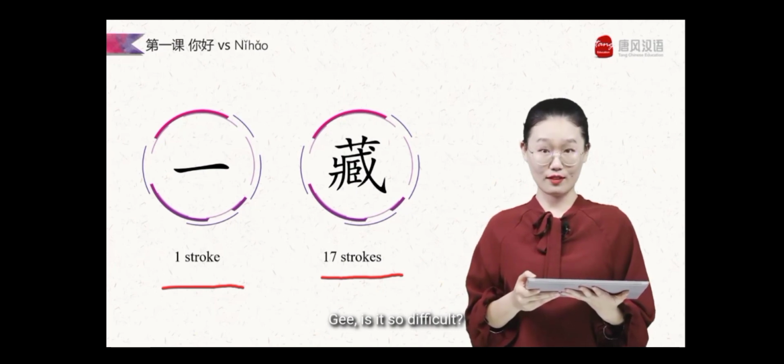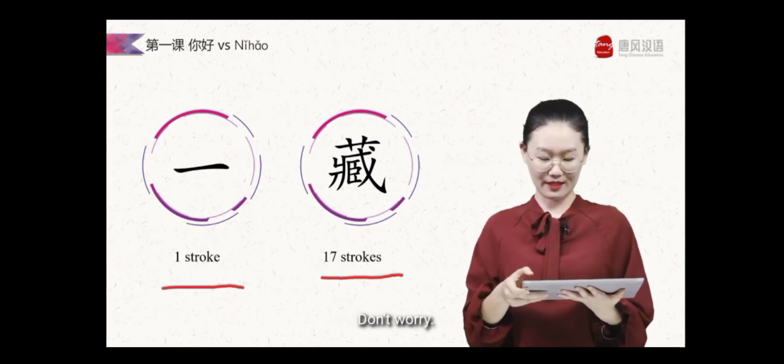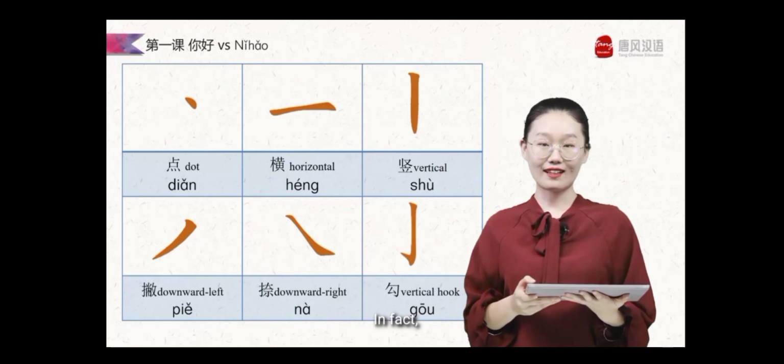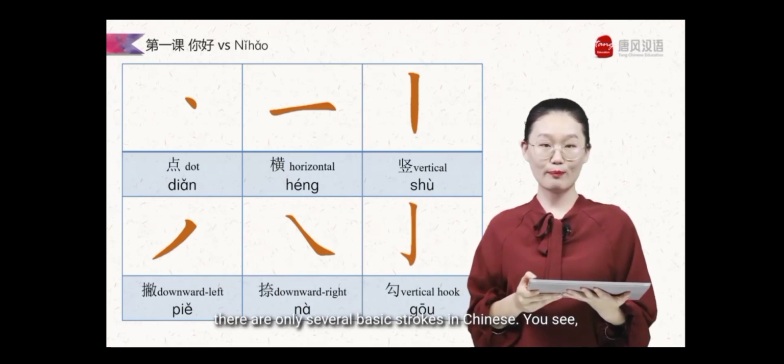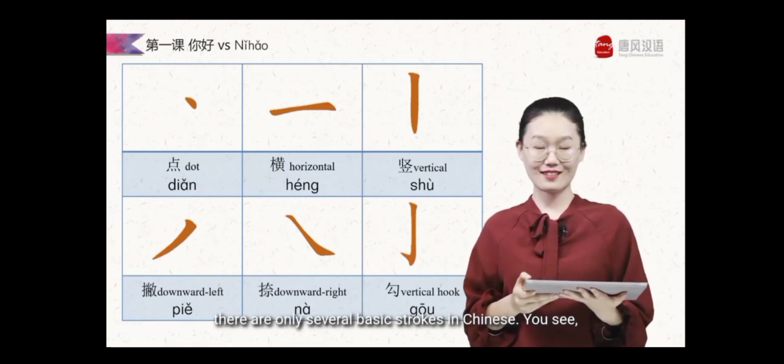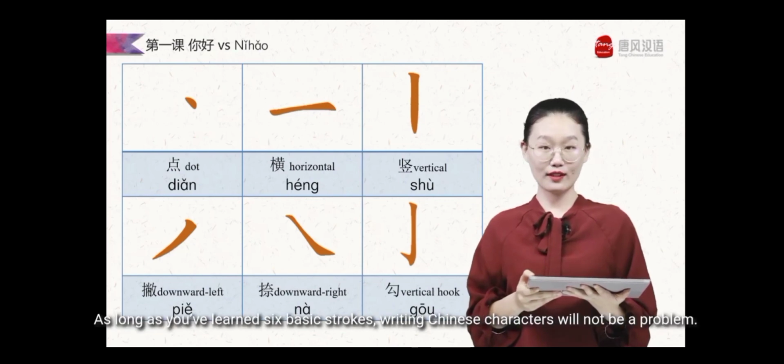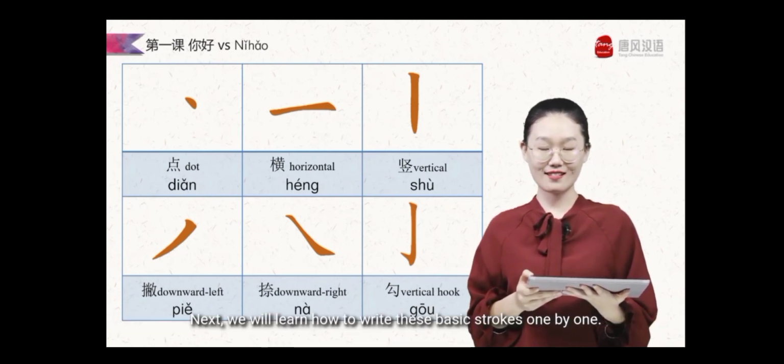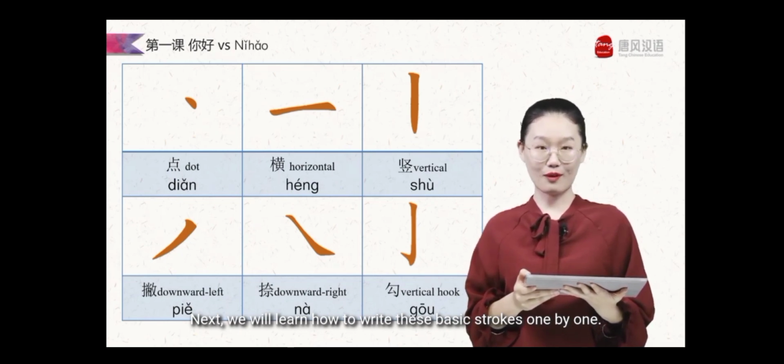Gee, is it so difficult? Don't worry. In fact, there are only several basic strokes in Chinese. You see, as long as you've learned 6 basic strokes, writing Chinese characters will not be a problem. Next, we will learn how to write these basic strokes one by one.